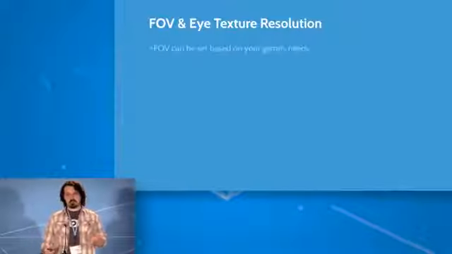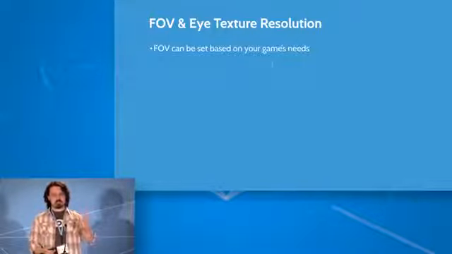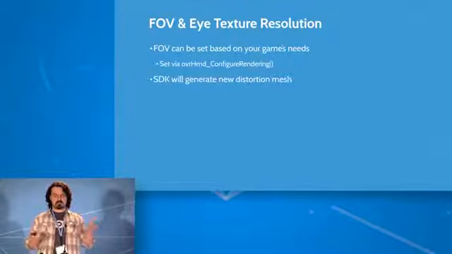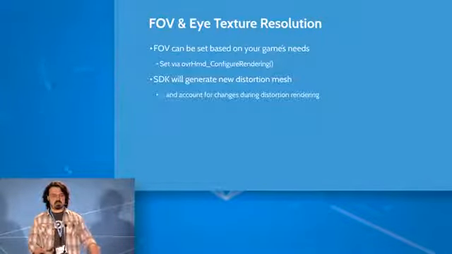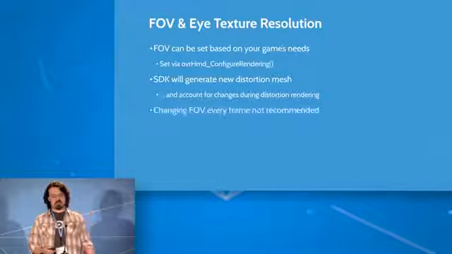So you can change your FOV based on your game's needs, but in this case what you're changing is what we could call the virtual FOV, because the head-mounted display's physical FOV doesn't really change. And you end up passing those values into configure rendering, and the SDK under the hood will regenerate your distortion mesh. And again, just like the texture resolution, the SDK internally takes care of the rest of the modifications. That said, because an FOV change causes the mesh to be regenerated, we actually don't recommend that you change this FOV every frame.